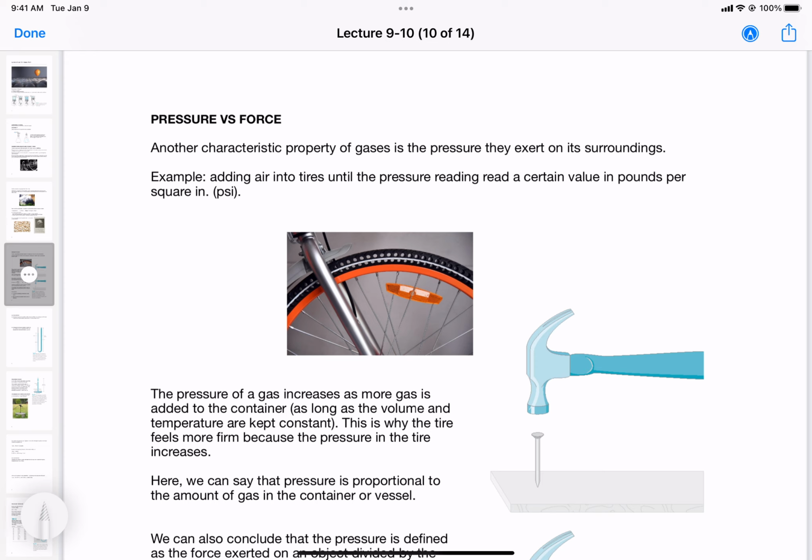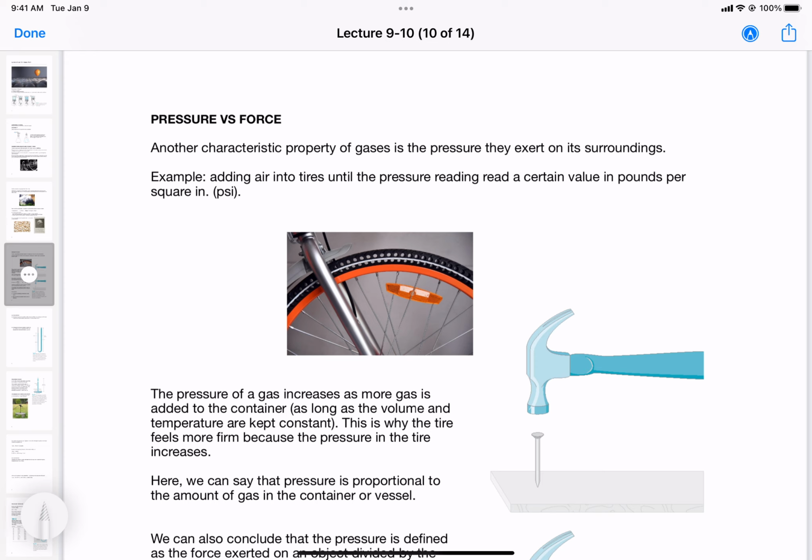What changes is the pressure, and the temperature is constant, right? So when you're putting air in a tire, usually the temperature stays the same, and usually the volume stays the same. You don't really see the volume increasing on the tire like when you put air in a balloon, helium. So the pressure is pretty much increasing as you put in air. When you take away air, the pressure decreases, and that's why the tire feels more deflated, right?